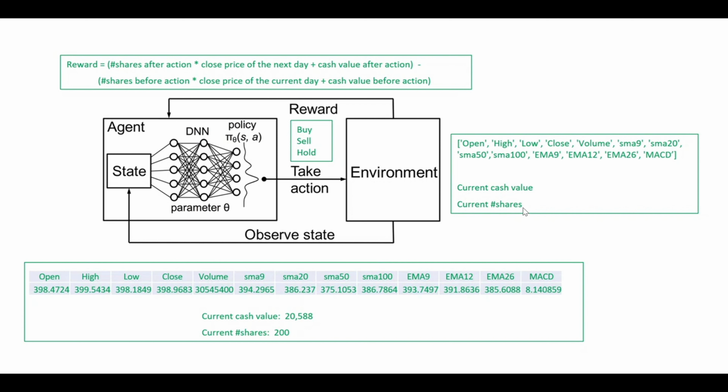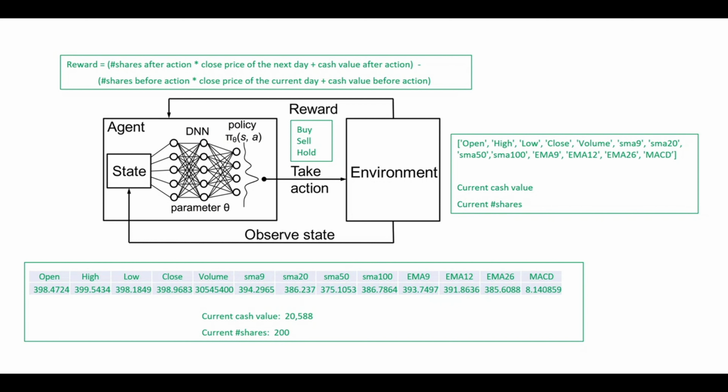Given a day, at the close of that day, we have particular values for all these attributes. And for that day, we also have the current cash value and the current number of shares. All these concrete values for that given day form a state of the environment.